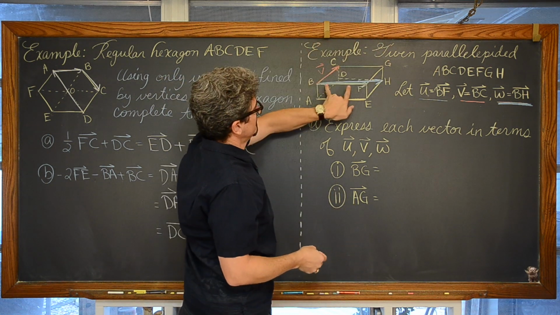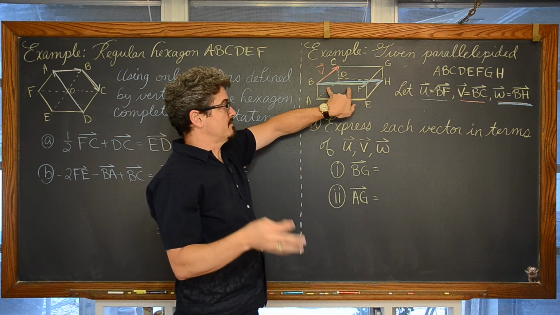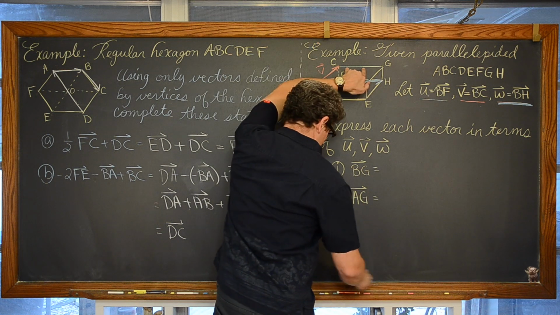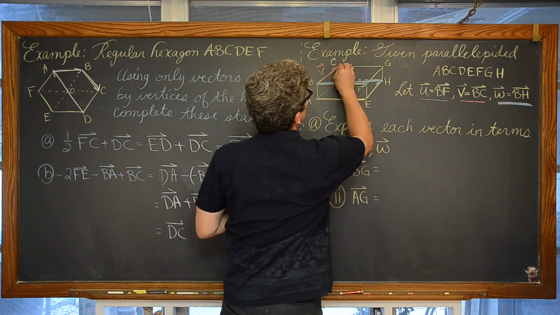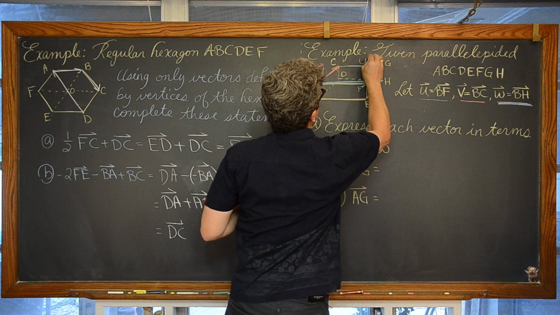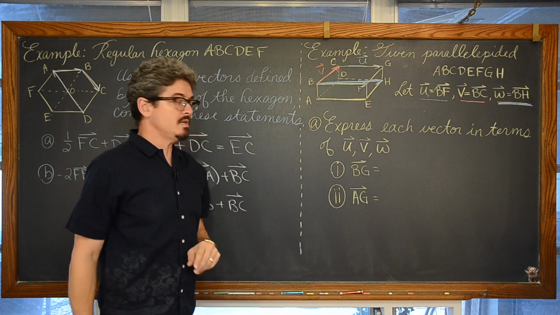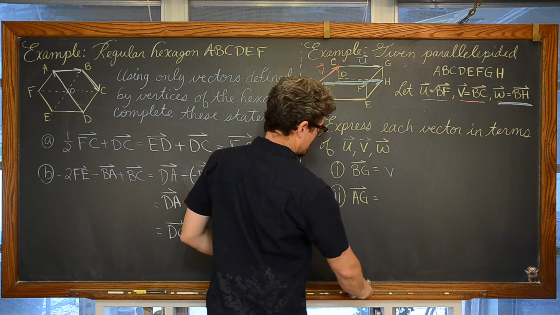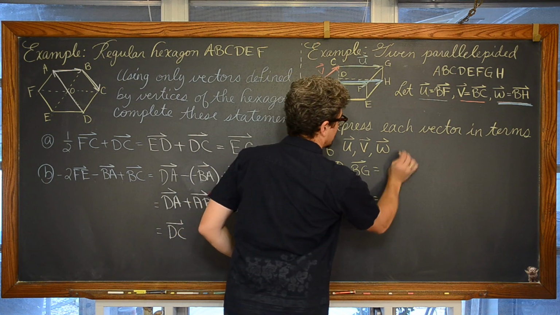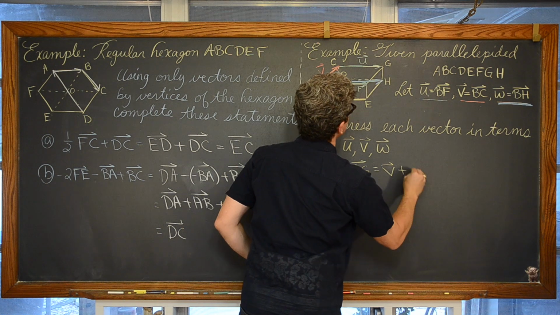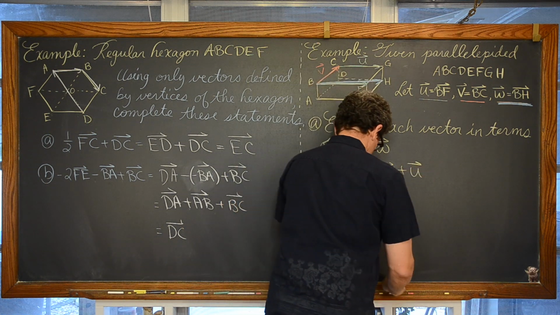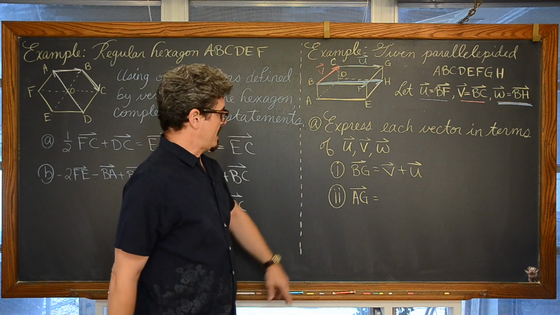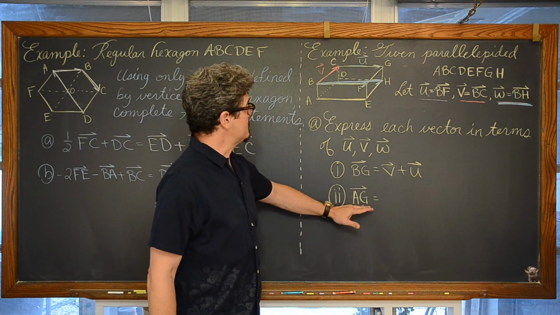Basically, if this can be represented as vector U, then this back can be represented, again, by vector U. So vector BG is the sum of vector V plus vector U.